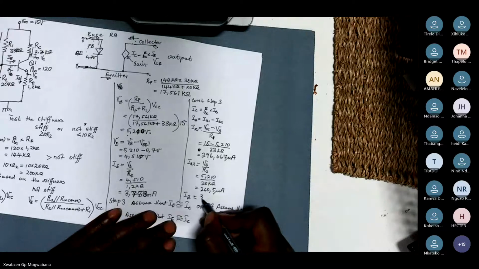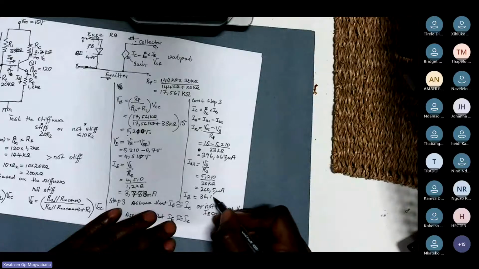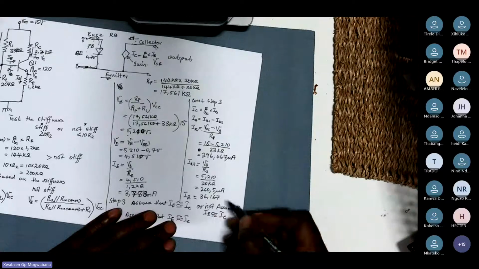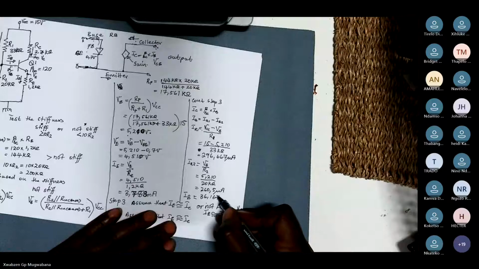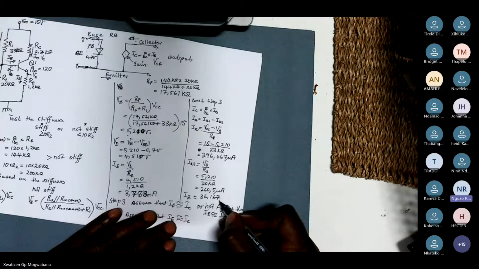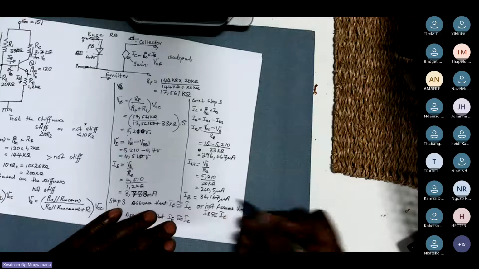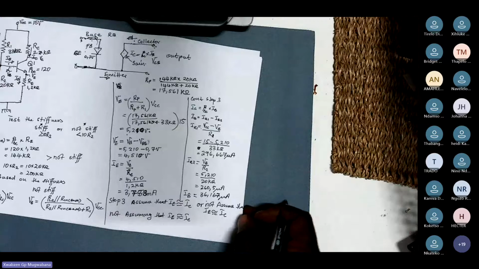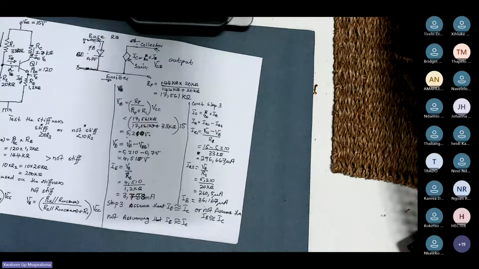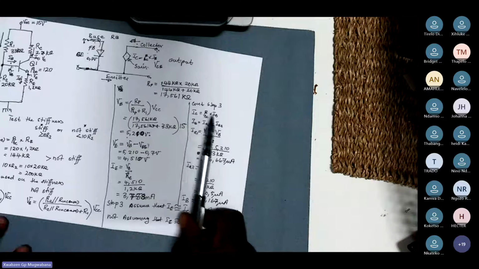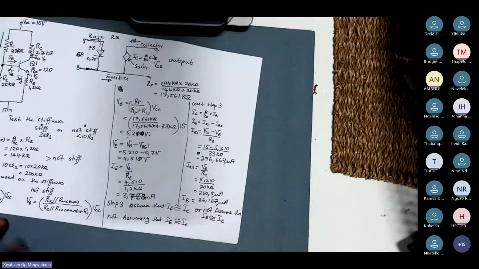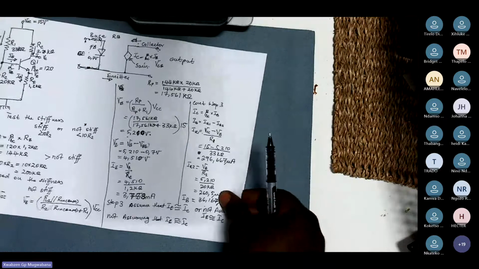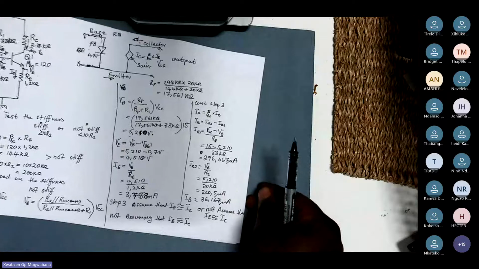36,167 what? Microamps. That is my IB. Now, once I find this IB, we know from the beginning that your IC is IB dependent.